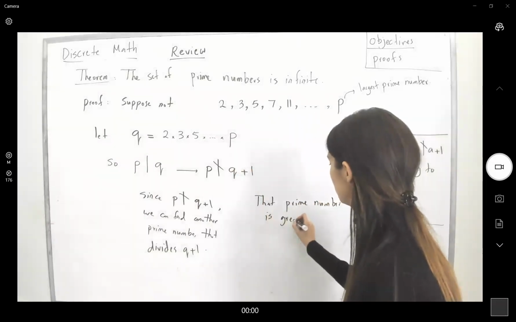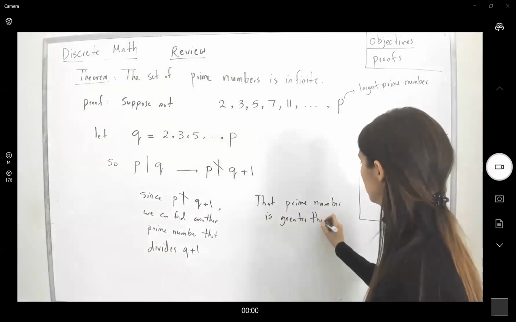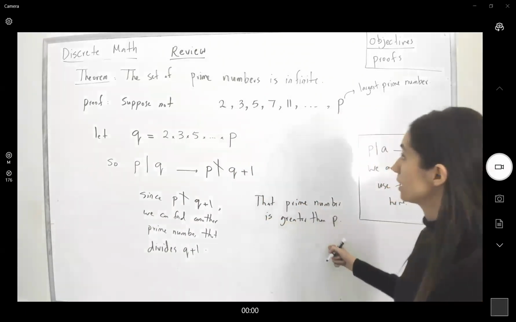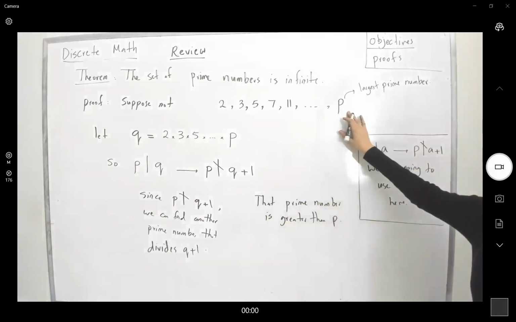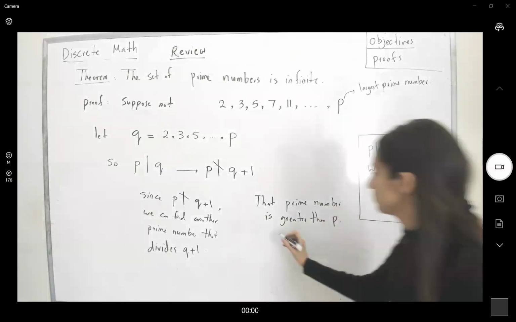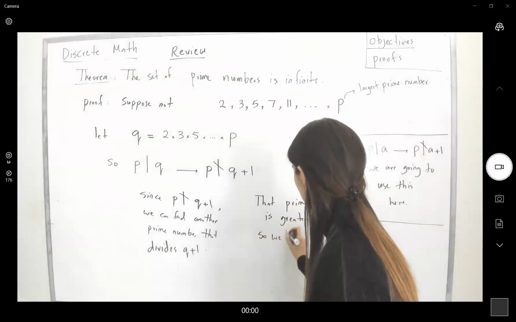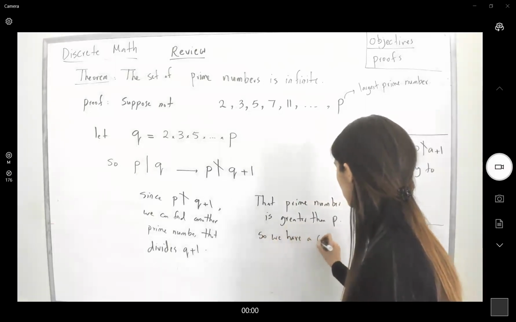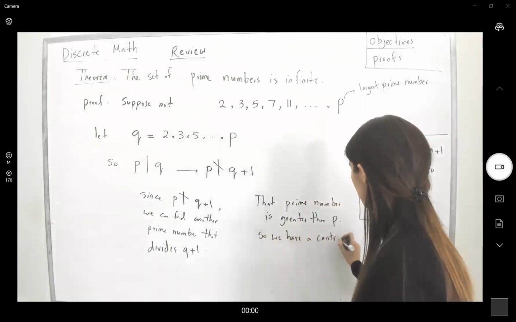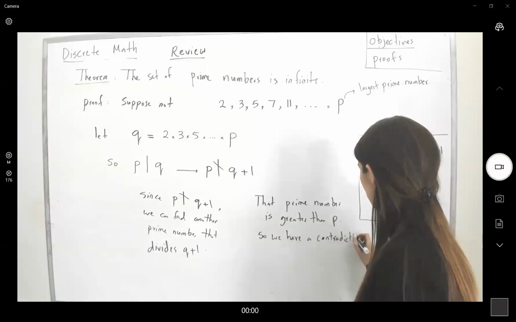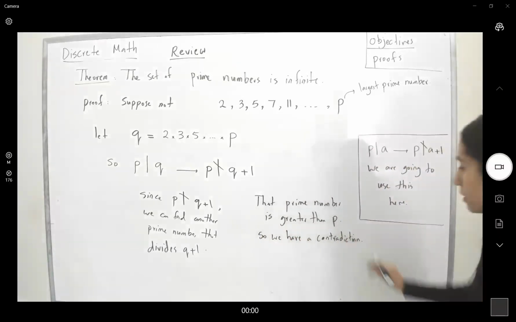But we assume that this is the largest prime number that we have. It stops somewhere. So there's a contradiction. We have a contradiction. Where did it come from?